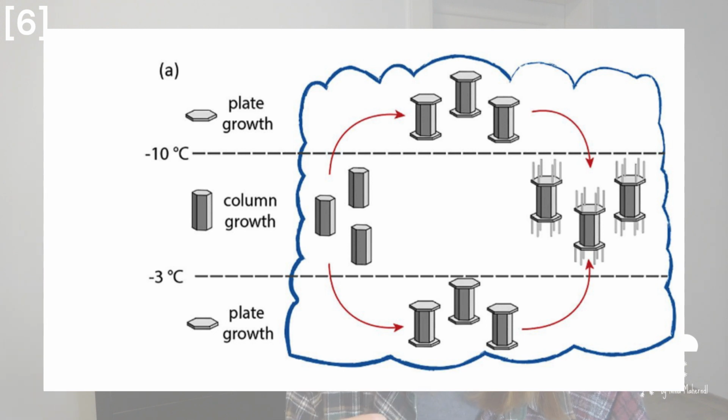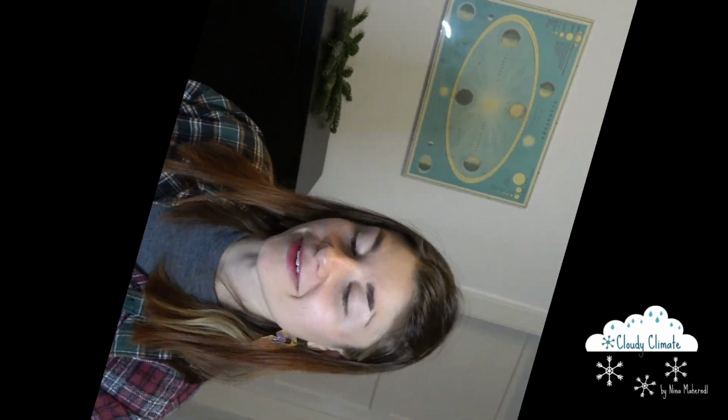So they start out in a regime where column-like growth is preferred, between -3 and -10 degrees Celsius, roughly speaking, and then they are either lifted to colder temperatures or they fall to warmer temperatures and transition into this plate-like growth regime where the plates on the edges grow, but then they circle back into the column-like growth regime and you get these columns, so these sticks poking out on the sides again. In my head, I imagine these little ice crystals going round and round in the cloud, going like, one more round, one more round.